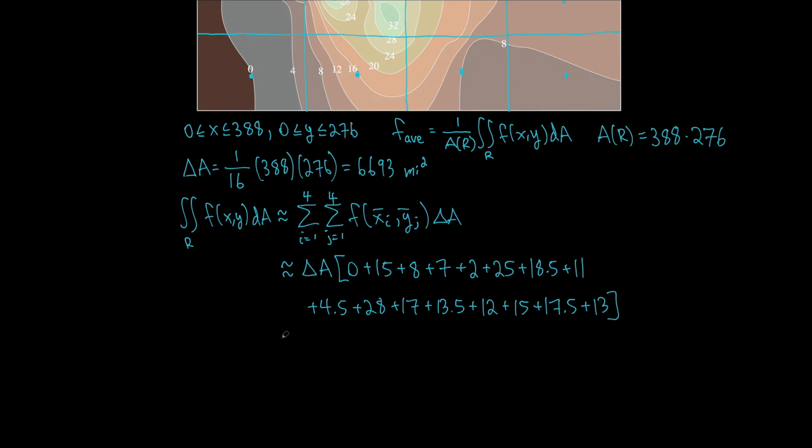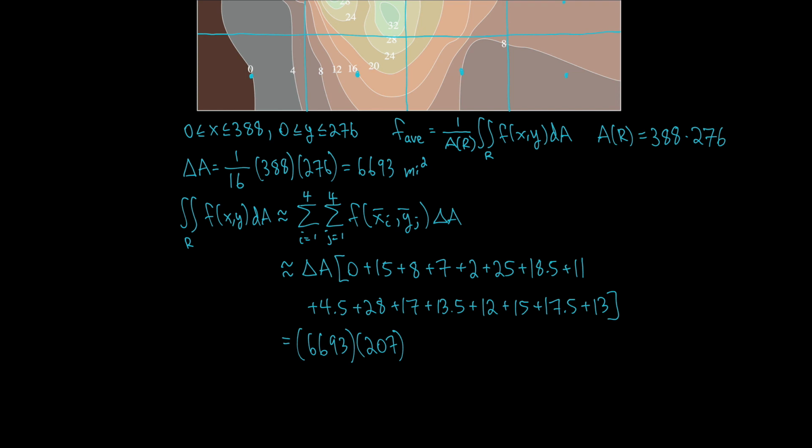So we add all that up and we get 6693 times 207, because I needed to multiply by my delta A. Okay, cool.